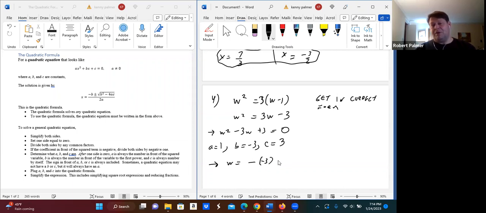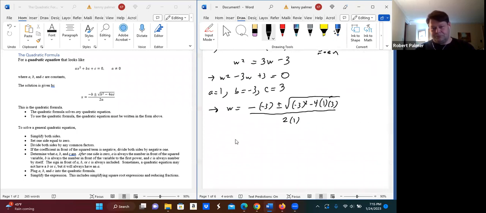So we have a negative b, and b is negative 3, plus or minus the square root of b squared, so negative 3 squared, minus 4 times a, which is 1, times 3. This is all over 2a, or 2 times 1.